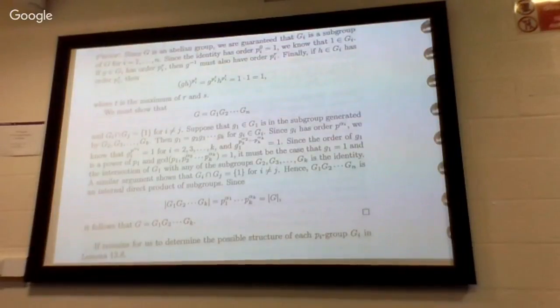That's how the rule of indices works here.